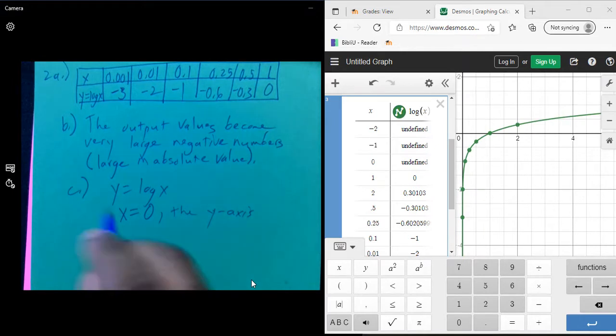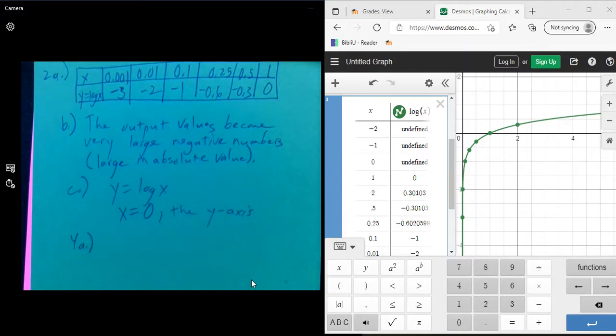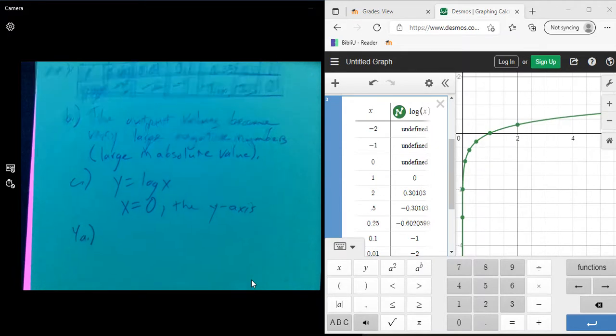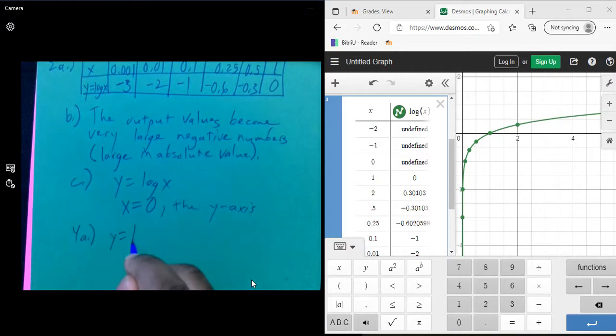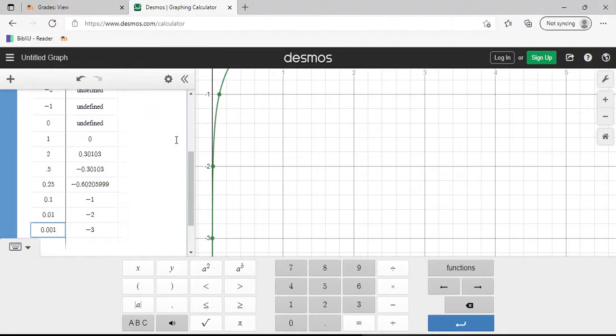So now we go here to problem number 4. So we have 4a. It says using a graph of y equals, let me write that down, y equals the natural log of x, as a check, summarize the following properties of the natural logarithm function. What is the domain? Okay, now I'm going to do this here.